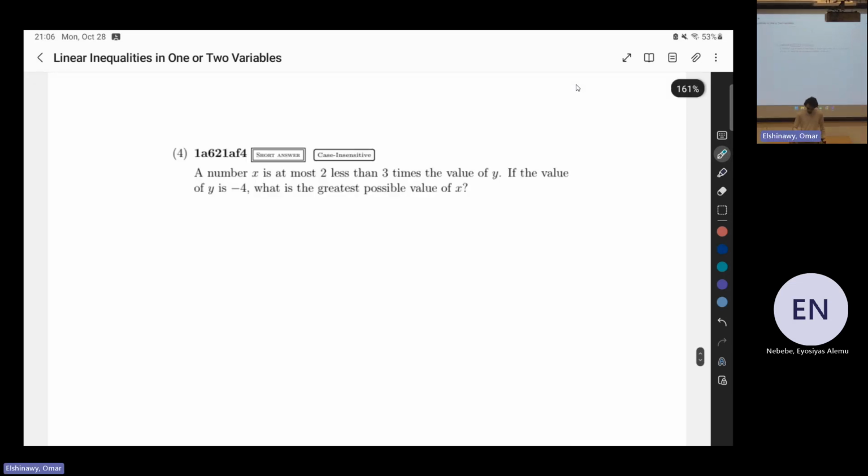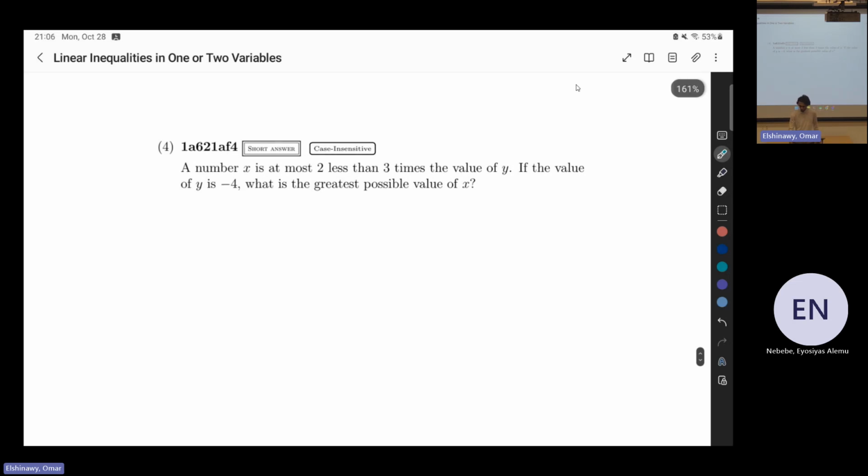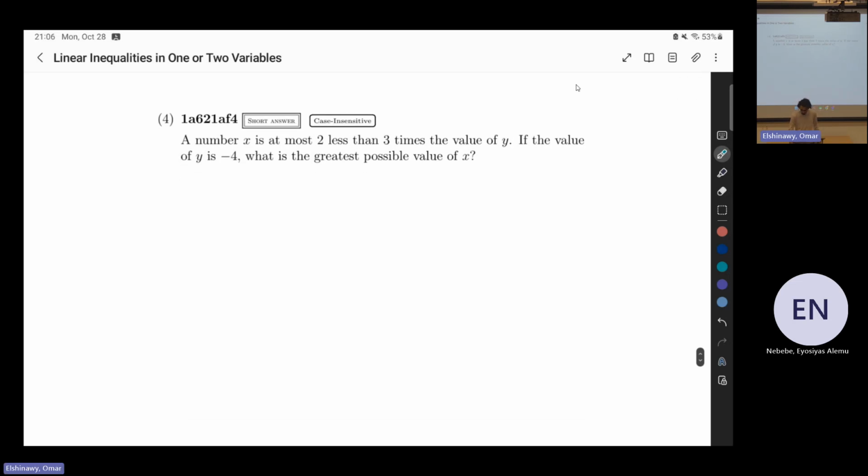So I'll start with this problem and I'll give you 60 seconds to attempt it. Clock ticking.